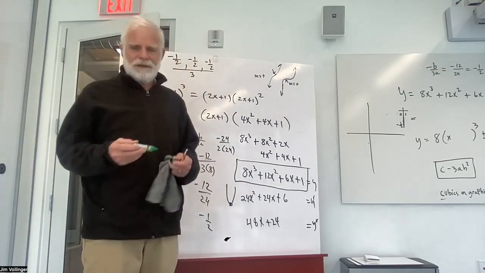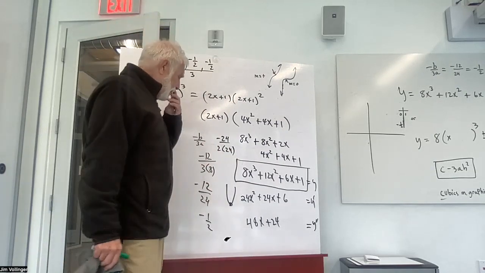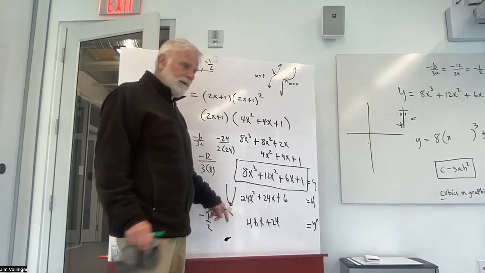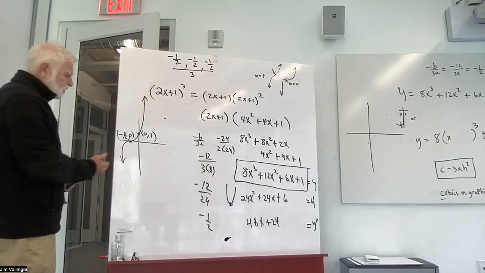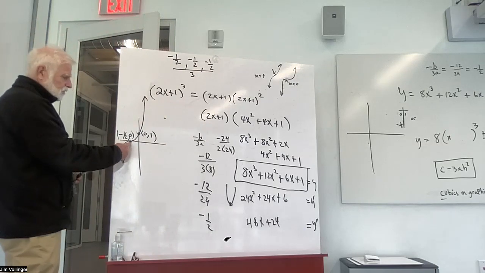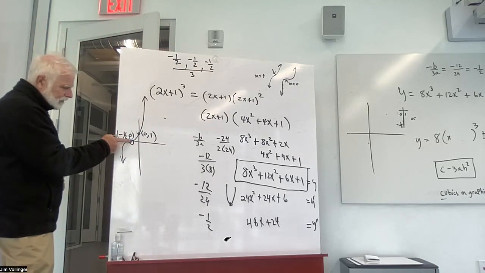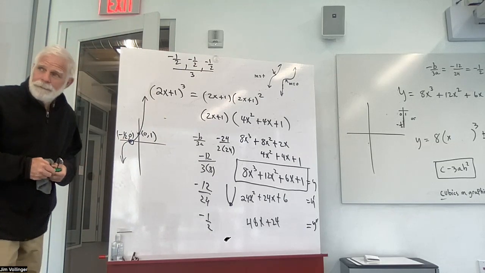I take more time with this in class to remind people of their rules. So at -1/2 we've got a minimum rate. If we look at (2x plus 1) cubed, it's always increasing, and at -1/2 we got a 0. If you look at tangents, that's the one that is changing least quickly.